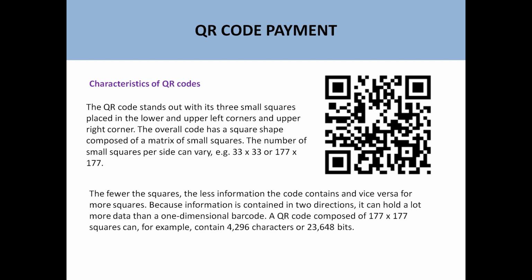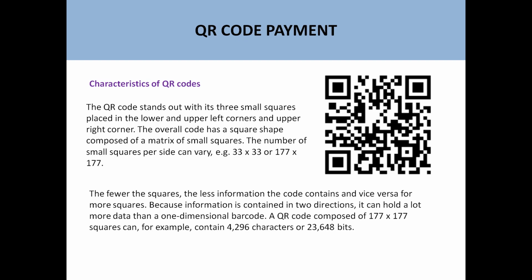Now the QR code characteristics. The QR code stands out with its three small squares placed in the lower left, upper left, and upper right corners. You can see from here, these are the three squares, this one and this one. So these are the three squares normally present in the QR code. The overall code has a square shape composed of a matrix of small squares.